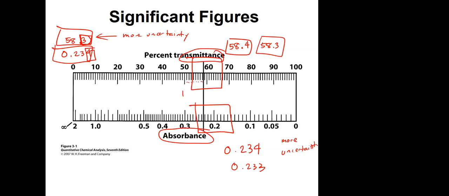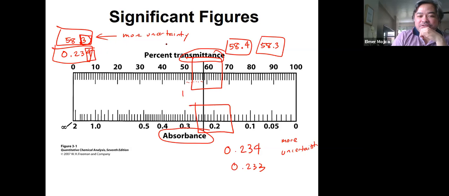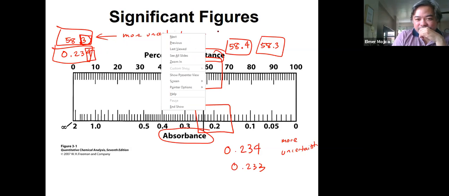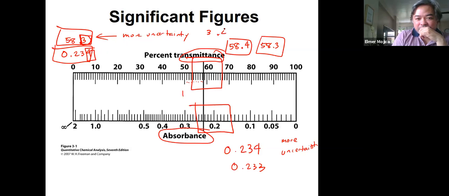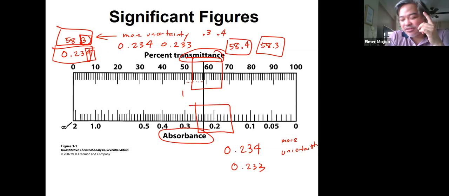It has more uncertainty because between the two, you see the uncertainty is in the 0.3 or 0.4. Compare it to this one. So you can have 0.34, 0.33. So if you look at the decimal points that you have here, exactly it's in the tens, right?